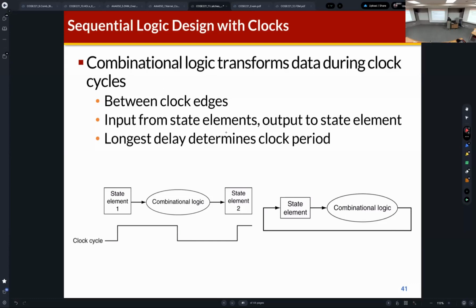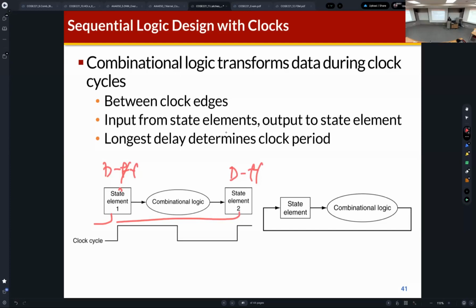So this is a D flip-flop, and this is another D flip-flop. The same clock signal is connected to the clock port of these state elements, the D flip-flops. And between these D flip-flops, there is combinational logic.